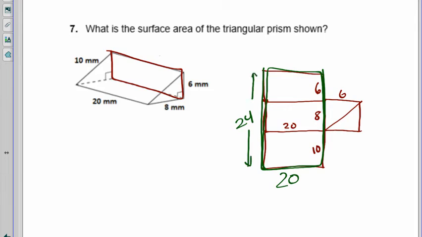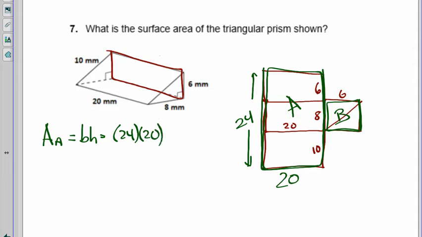So now I have 2 shapes. I have the big rectangle and the little rectangle to work with. We'll call this A, we'll call this B. Area of A is base times height, is 24 times 20. 2 times 24 is 48. With a 0 is 480.